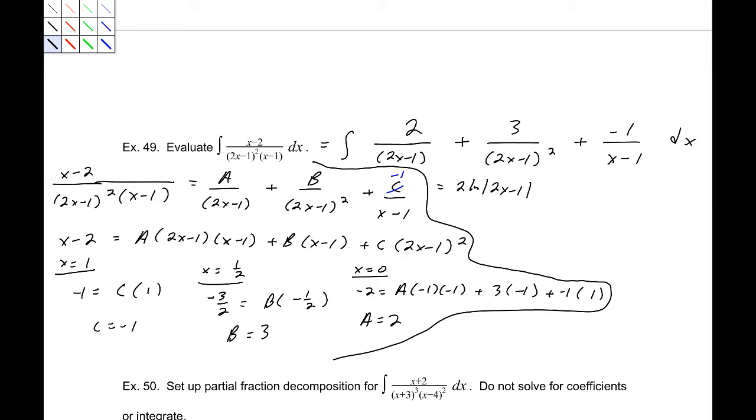So I believe this is actually just going to be natural log of 2x minus 1 minus 3, and this is going to be a power rule here, inverse power rule. We have negative 3 over 2, 3 over 2, 2x minus 1 squared.